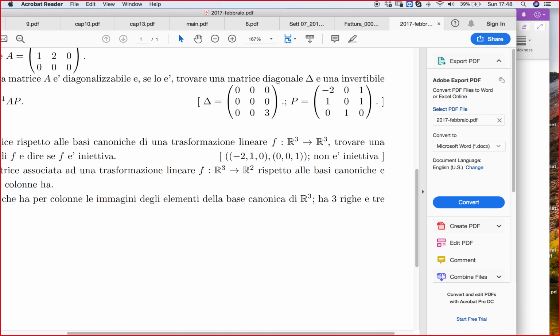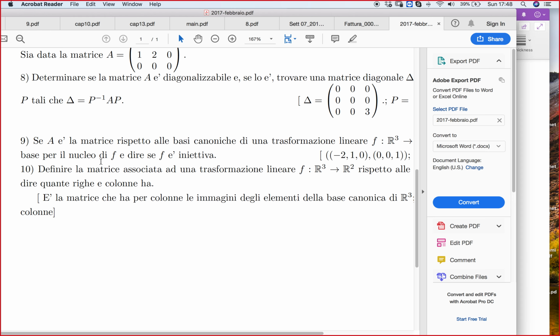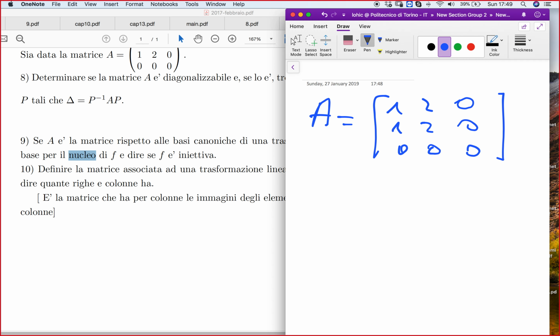Determine the basis of the kernel, the kernel of F, and say if the linear mapping is injective or not.